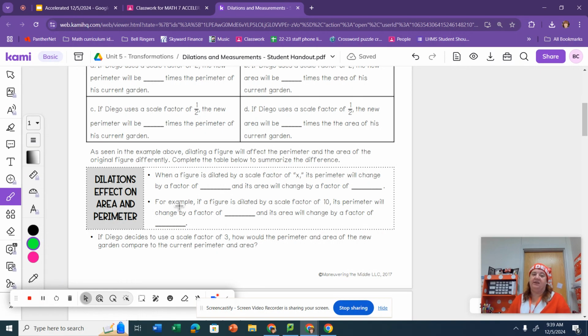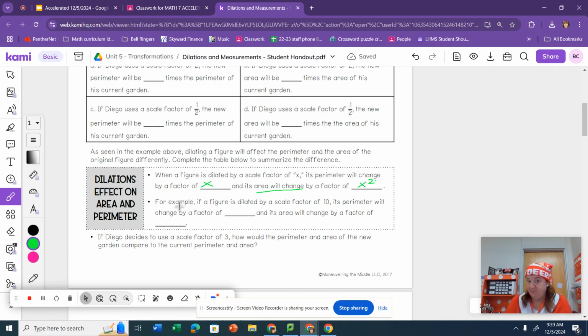Dilations' effect on area and perimeter. When a figure is dilated by a scale factor of x, its perimeter will change by a factor of x. But its area will change by a factor of x squared.